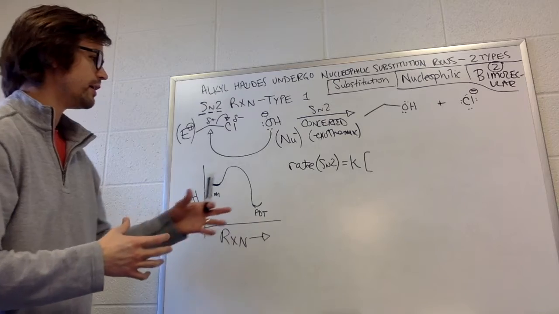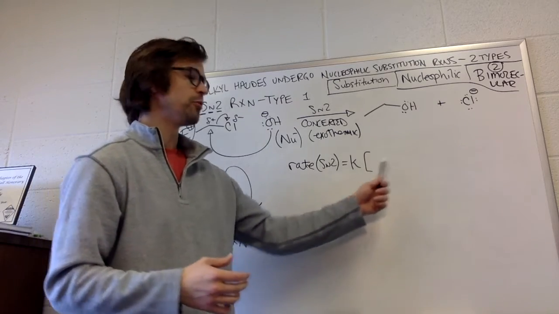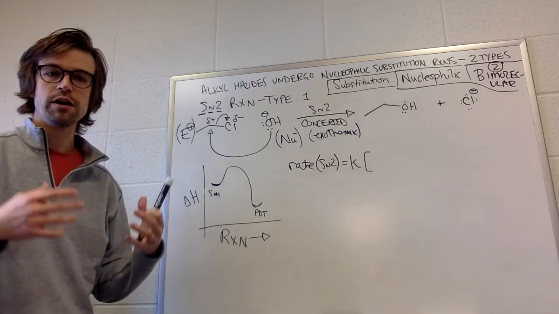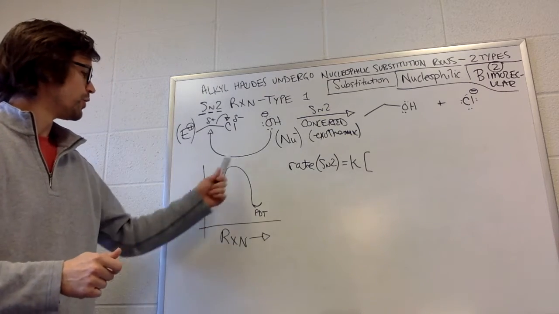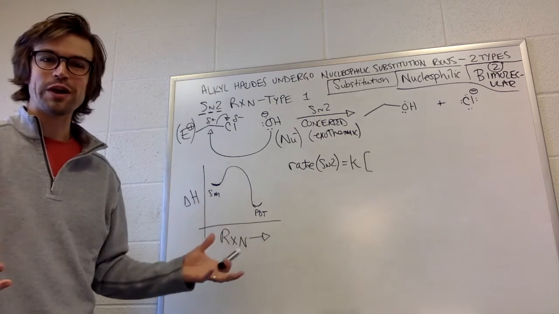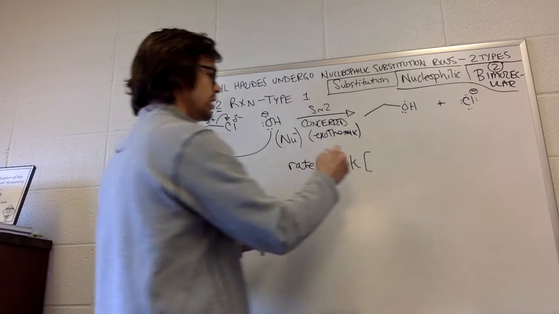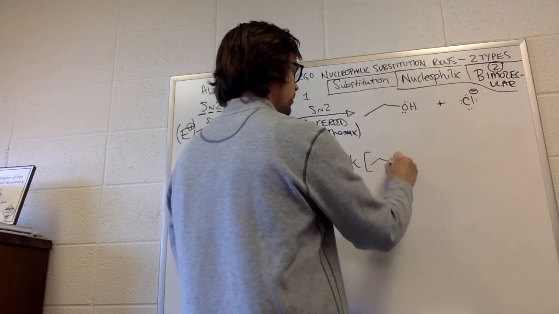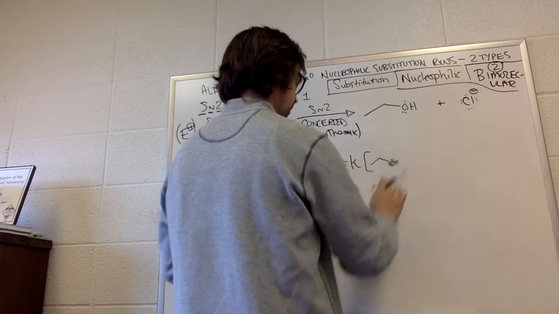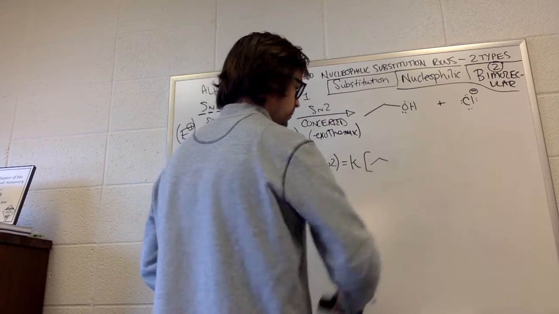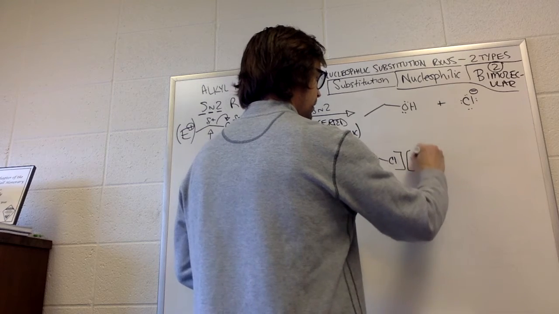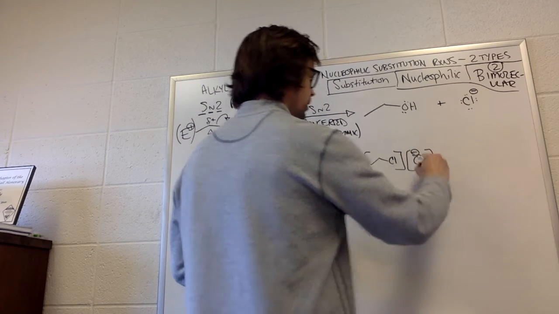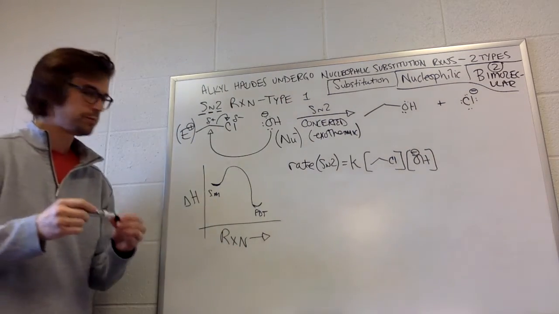Well, the rate is equal to the rate constant k multiplied by the concentration of the reactants that are involved in the rate determining step. There's only one step here, so that must be the rate determining step. So it's equal to the concentration of the alkyl halide multiplied by the concentration of the hydroxide ion.